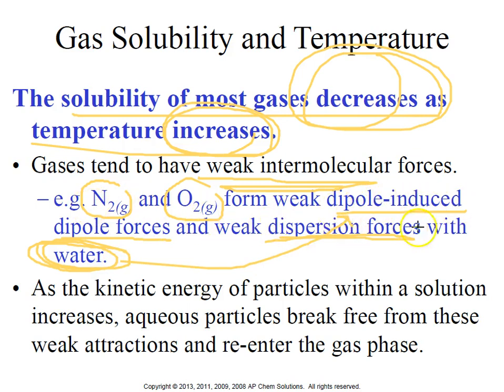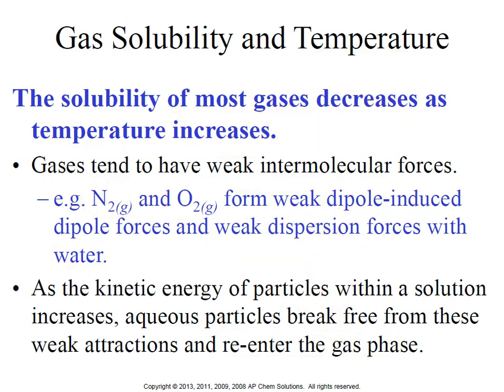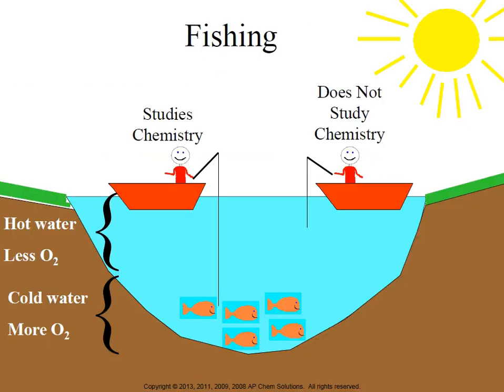So our forces are going to be very weak, maybe dipole-induced dipole or some dispersion forces. As your temperature increases, this kinetic energy is going to go up. So those particles are going to be able to break free and re-enter the gas phase. So the solubility is going to go down as the temperature goes up. Those gases are going to simply re-enter the gas phase.